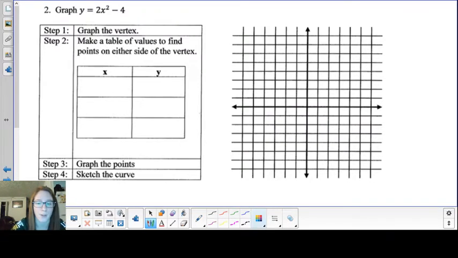So again, let's go ahead and start with doing our vertex and talking about our axis of symmetry. So our vertex is going to be at 0, -4, because it's going to be whatever this guy is. 1, 2, 3, 4. So I'm going to be down here. We know that my axis of symmetry is going to also be on that line.